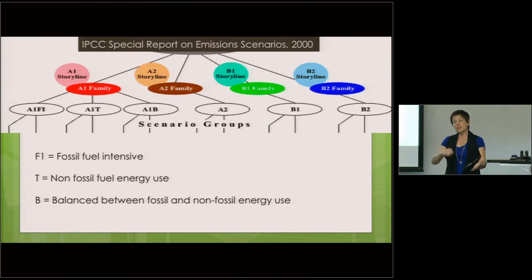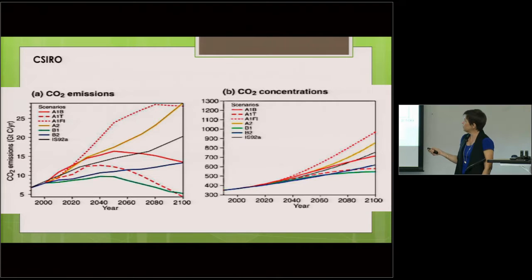So then these institutions that do models take these different scenarios and run them based on how much fossil fuels those different scenarios might use. So here's the one out of Australia, for example, and they've got the A1 balanced, A1 alternative fuels, A1 fossil fuels, and so on.